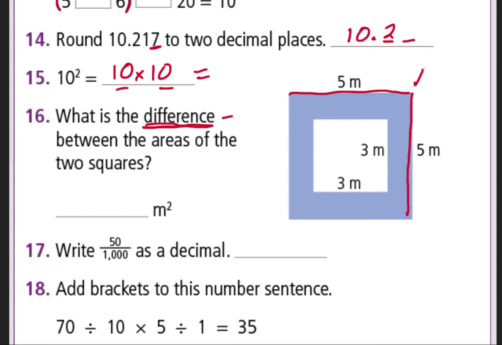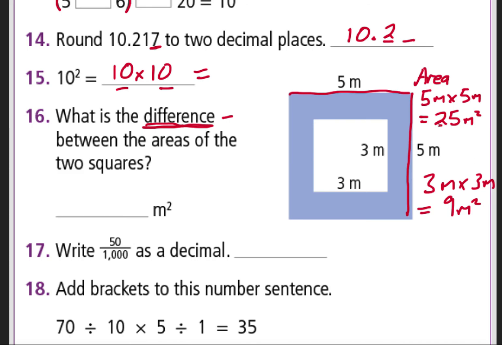So its area is going to be 5 meters by 5 meters, and that's equal to 25 meters squared. The smaller square, we're going to do 3 meters by 3 meters is equal to 9 meters squared. So the area of the big one is this, the area of the small one is that, and if we take them away from each other, we'll have our answer for what's the difference between the two.